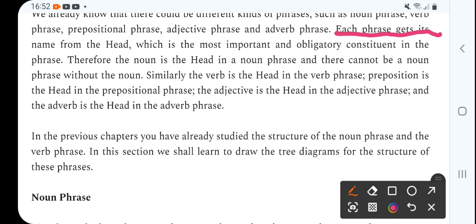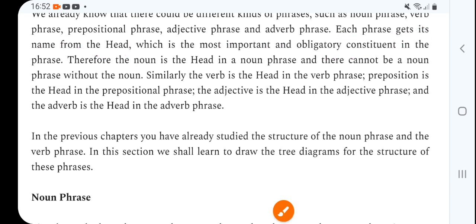Each phrase gets its name from the head, which is the most important and obligatory, meaning necessary, constituent in the phrase, right? Without the noun, there is no noun phrase. So that is each phrase.